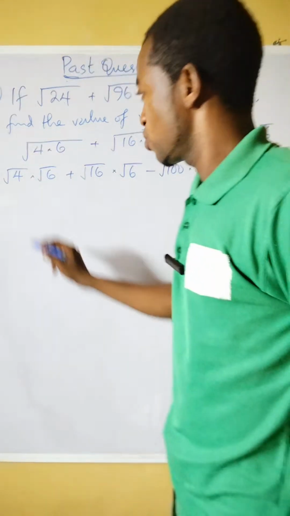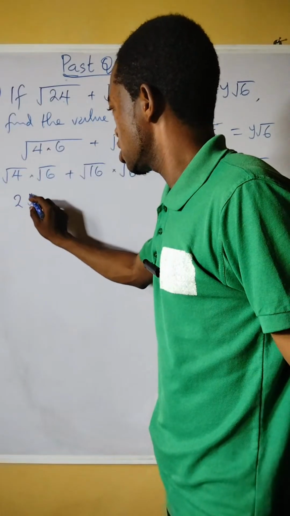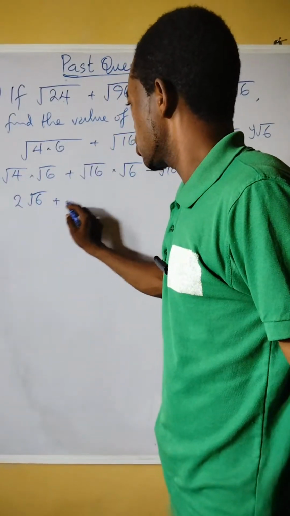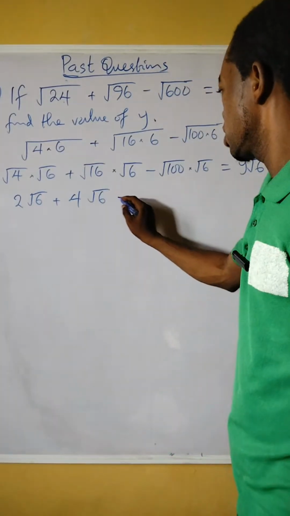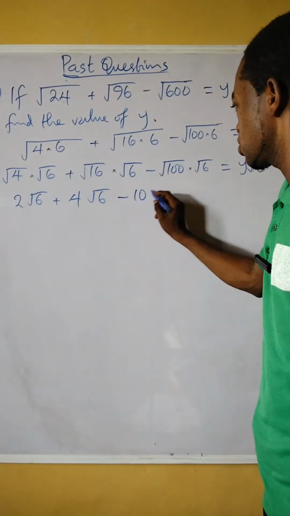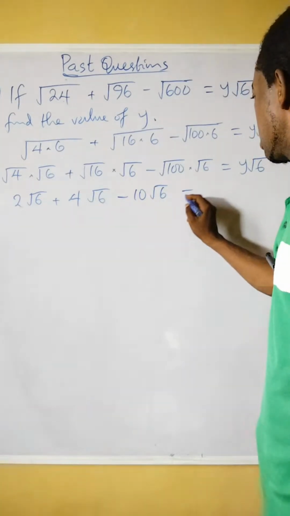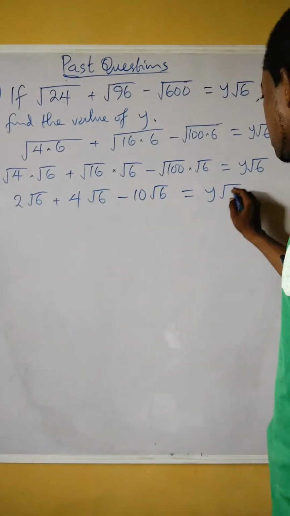Here root 4 is 2, so 2 root 6, plus root 16, that's 4, so 4 root 6, then minus root 100, that's 10, so 10 root 6, equals y root 6.